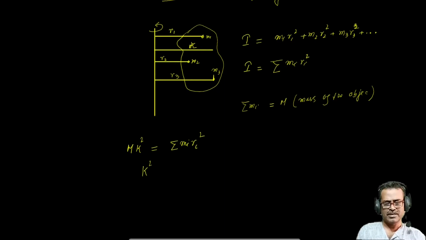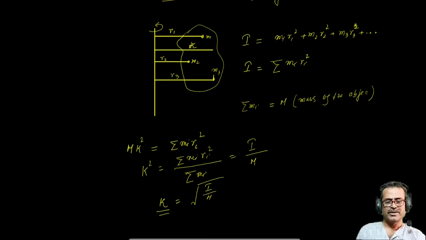So k square is equal to sigma mi ri square divided by sigma mi, that is I by M. K is equal to root over I by M. This k is called radius of gyration.